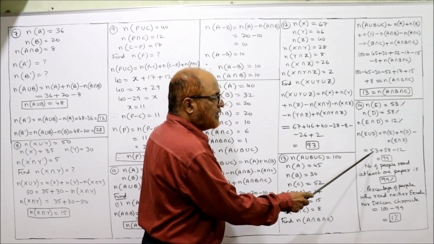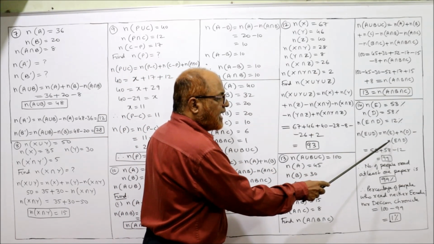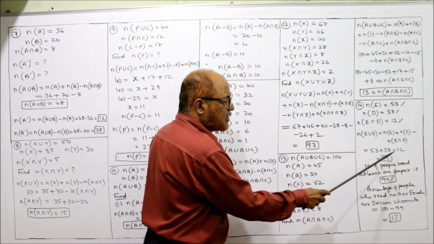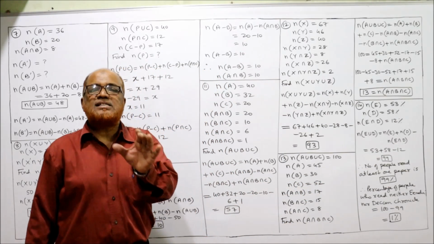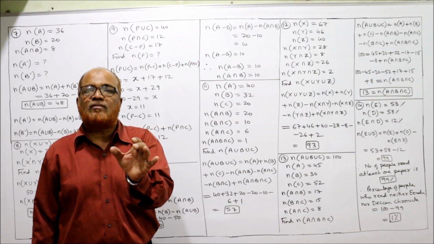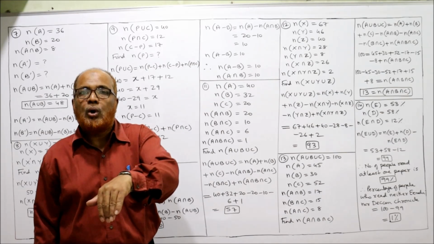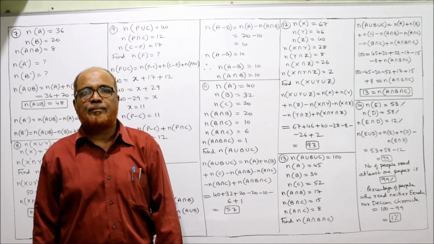N of E is 53, N of D is 58, and N of E intersection D is 12. So 53 plus 58 minus 12 is 99. So we can say 99% of the population of Hyderabad read either Enadu or Deccan Chronicle.